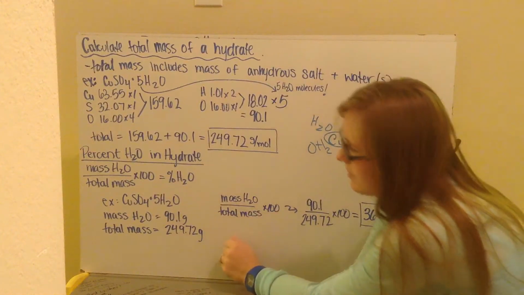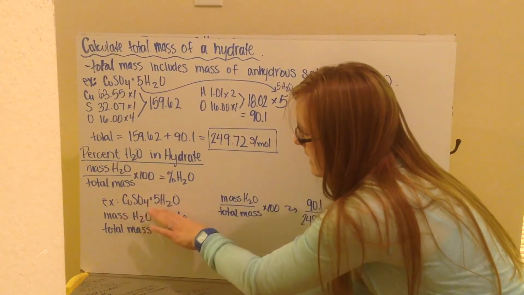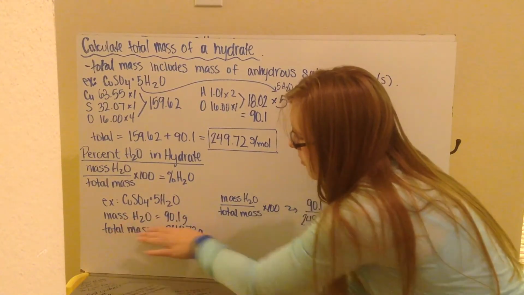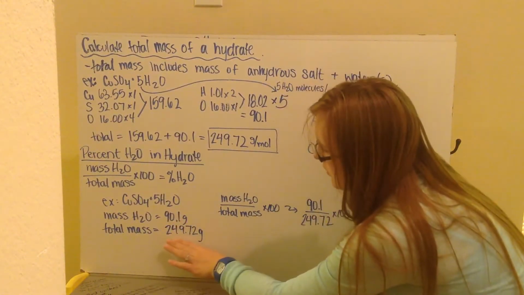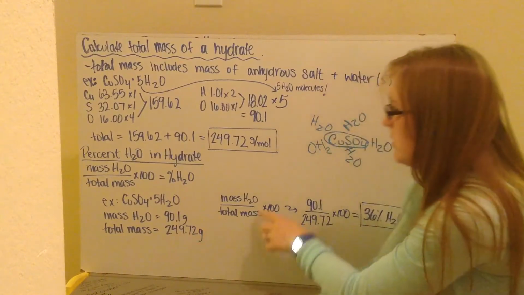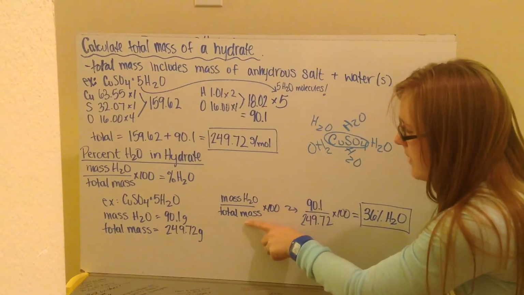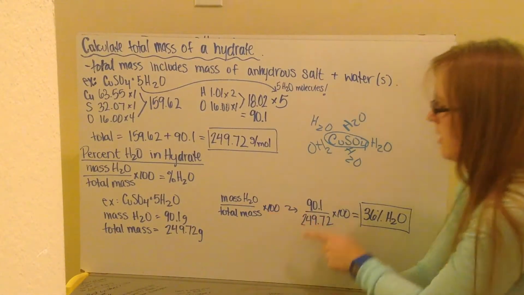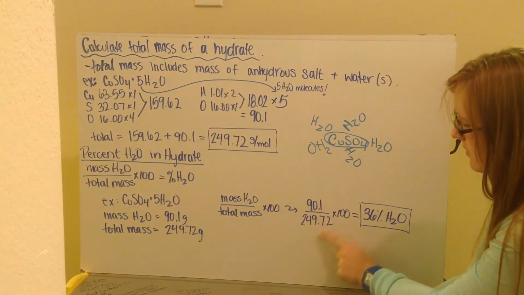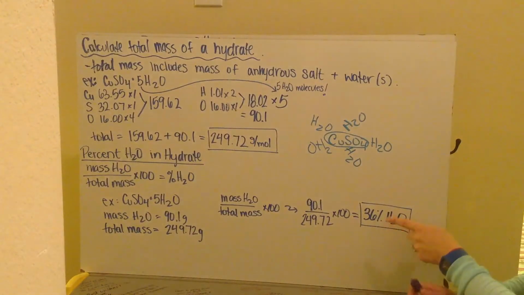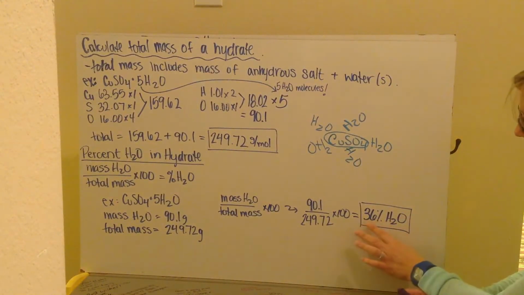For copper 2 sulfate pentahydrate, my mass of water is 90.01 grams and my total mass is 249.72 grams. So 90.01 divided by 249.72 times 100 gives me a percent of water in my hydrate of 36% water.